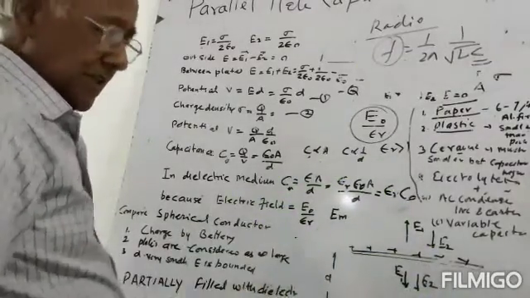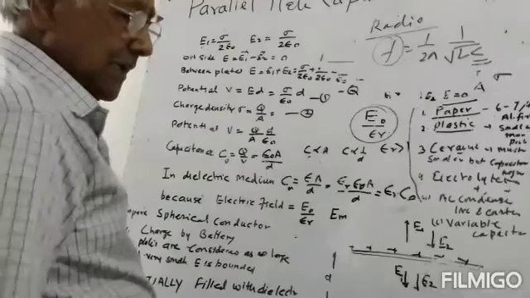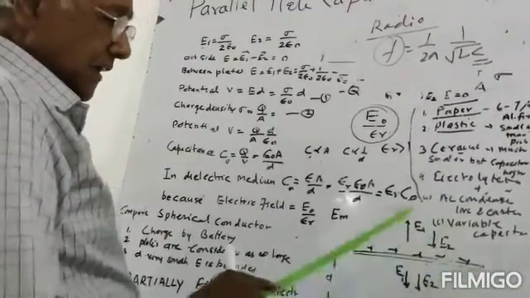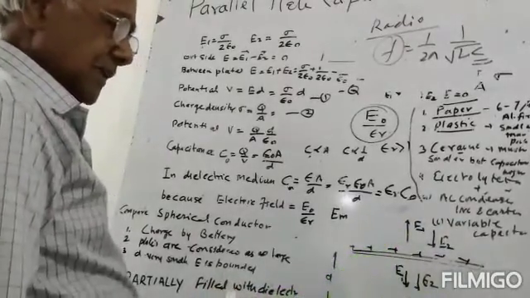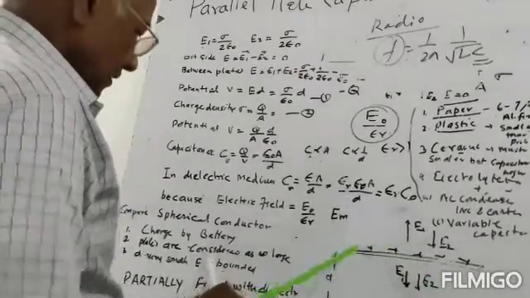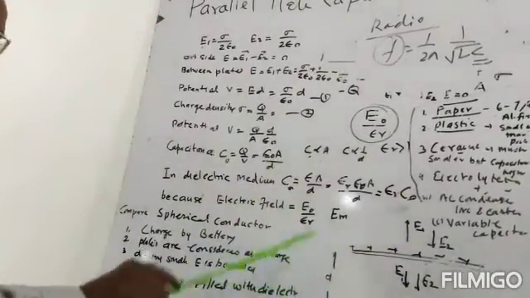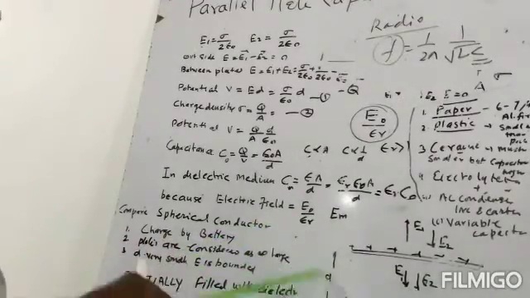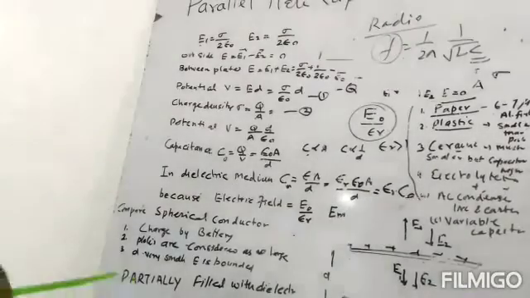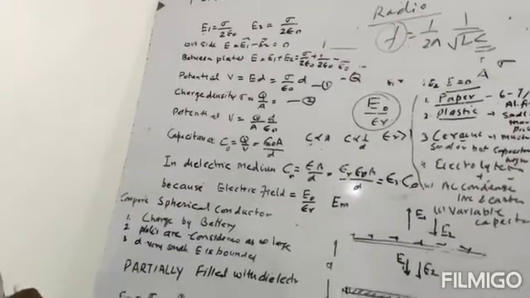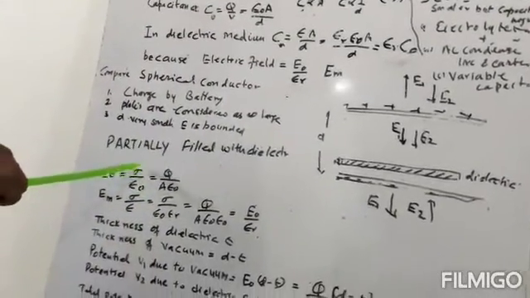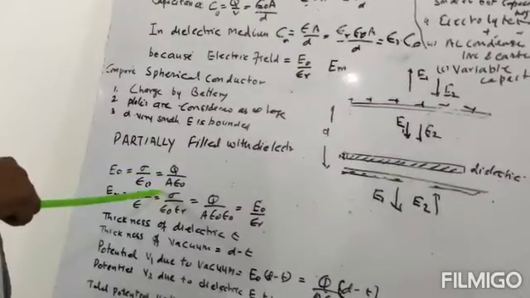By putting in a dielectric whose thickness is t, its area of cross section is the same as that of the plates. So we can verify it. Now if the dielectric is not there, then the electrical field E0 is equal to σ/ε0, as we saw earlier, and σ is equal to q/A.